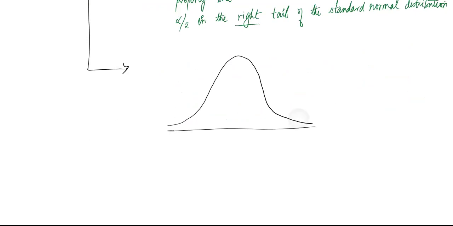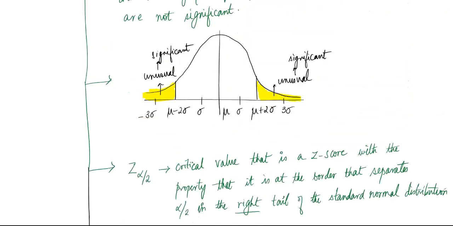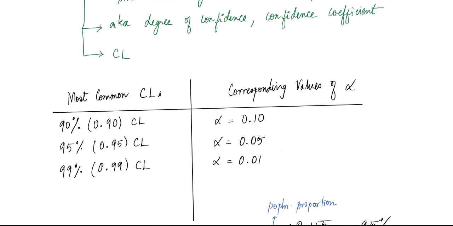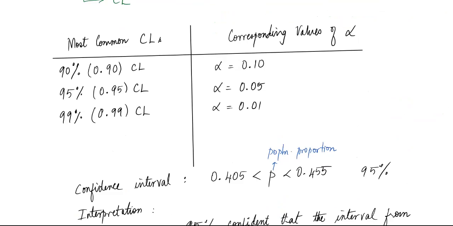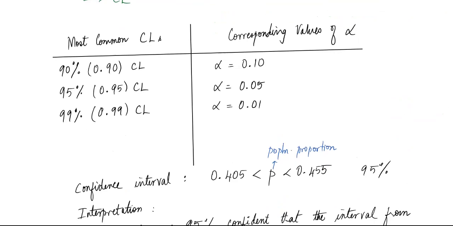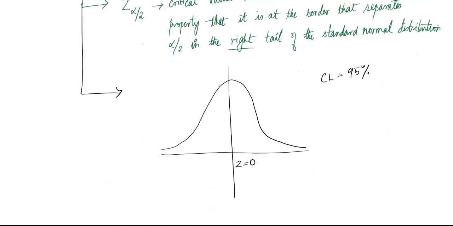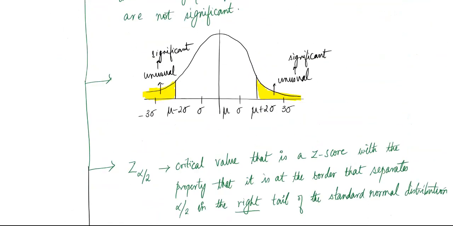So remember, that's z equals 0. If my confidence level was 95%, we go back to the chart. Let's quickly go back to the chart. With 95%, my alpha is the remaining 5%, or 0.05, right?